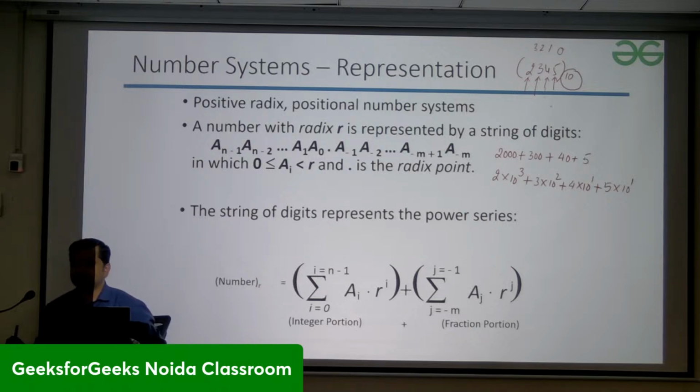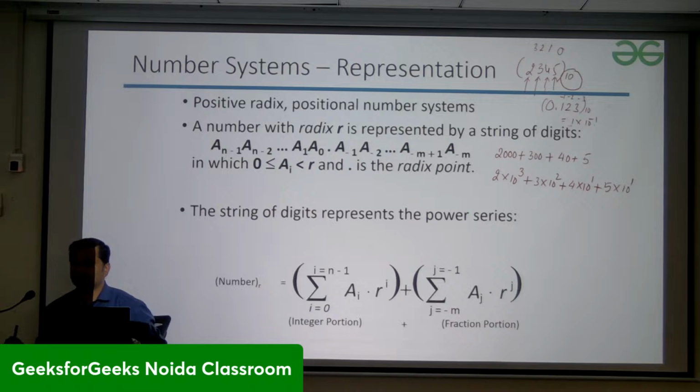Let's say if we have the value like 0.123, in that particular case, how is it represented in decimal system? 1 into 10 to the power minus 1. So here it starts from minus 1, minus 2, minus 3 and so on.